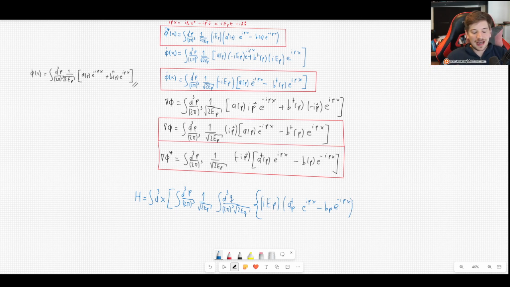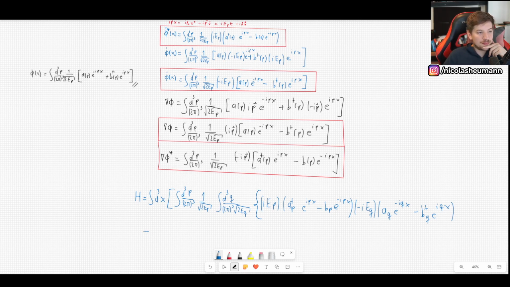Okay, and now this is multiplied by the non-conjugate version. So now this is going to be multiplied by this one right there. So now we have minus iE_q, be very careful about that, and then a_q e^(-iqx) minus b dagger_q e^(iqx). Okay, so that's the first one.